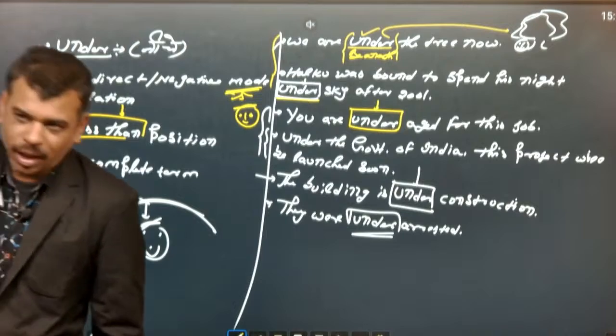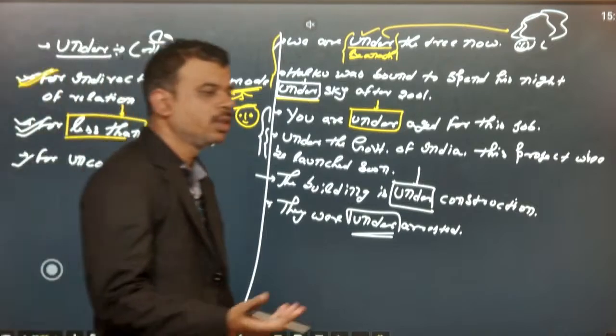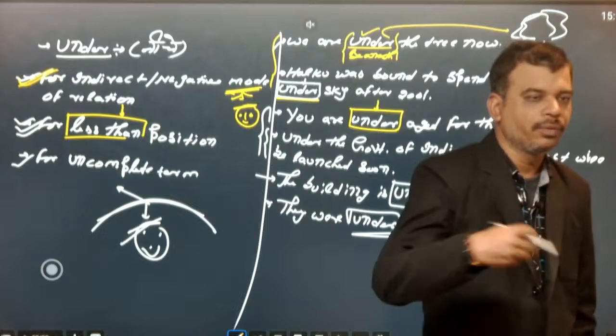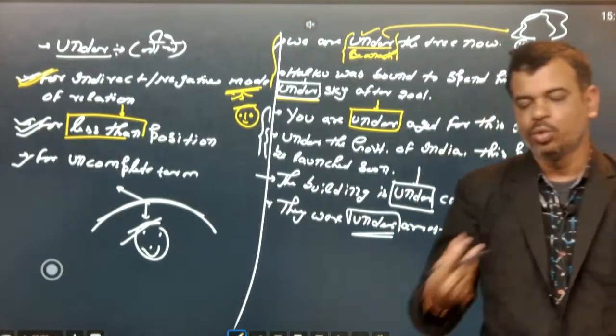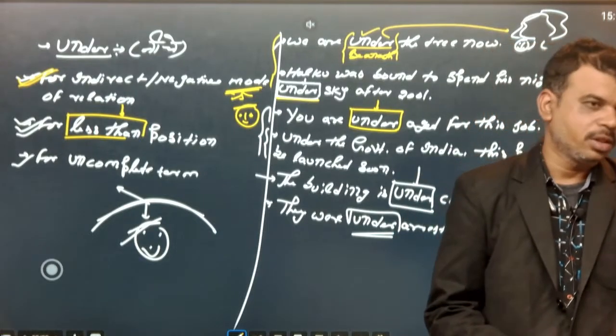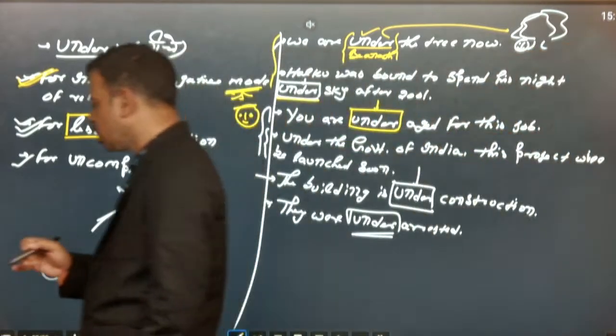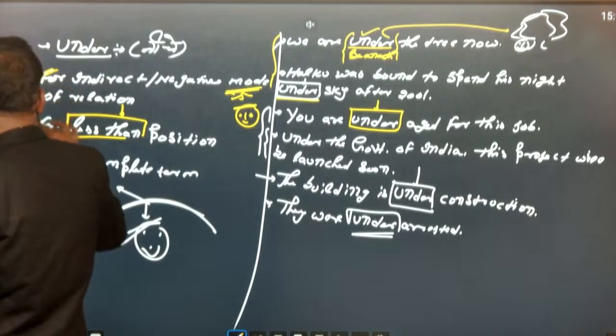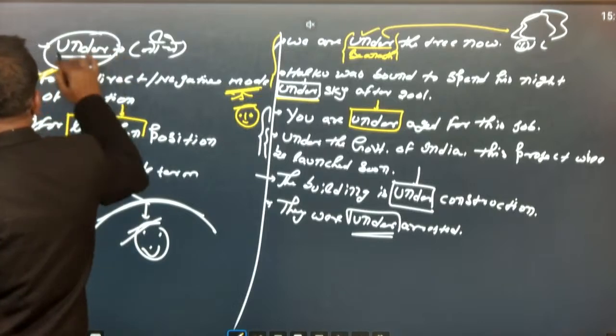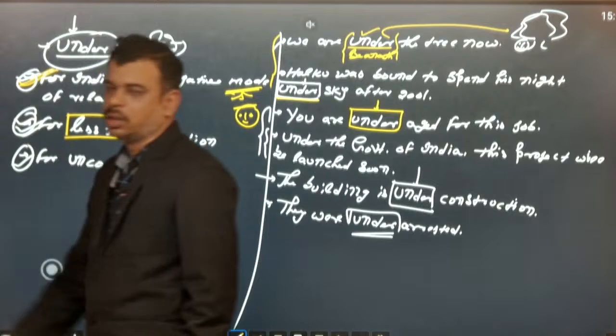And if there is a negative relation between two objects together, we go with under. So these are the three major points we have to be careful about while using under if we are solving a question.